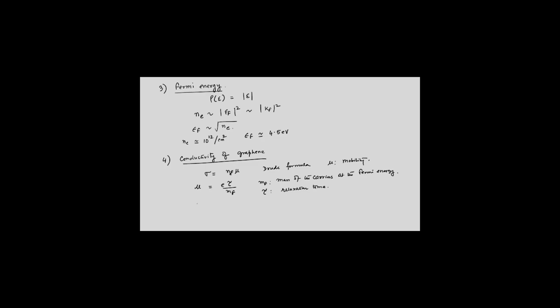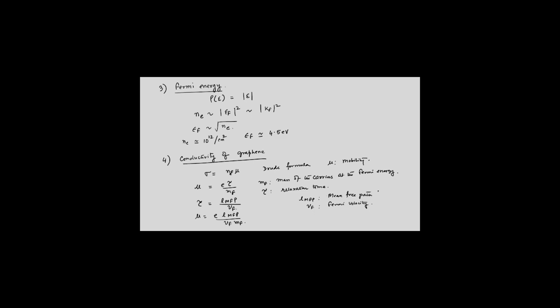If we use the definition of the mean free path, tau is equal to LMFP divided by Vf, where LMFP is the mean free path and Vf is the Fermi velocity. So this is tau. So mu becomes equal to e LMFP by putting this tau expression on top, and this is equal to e LMFP over the product of Vf and mf.